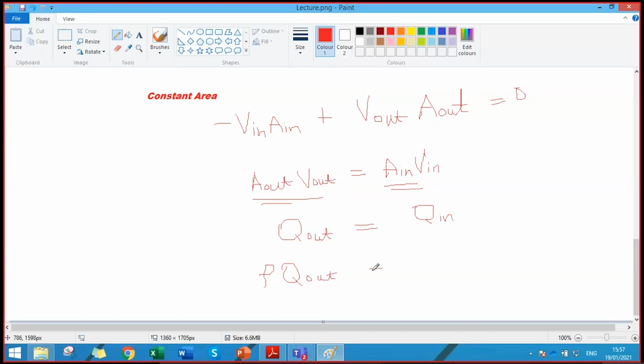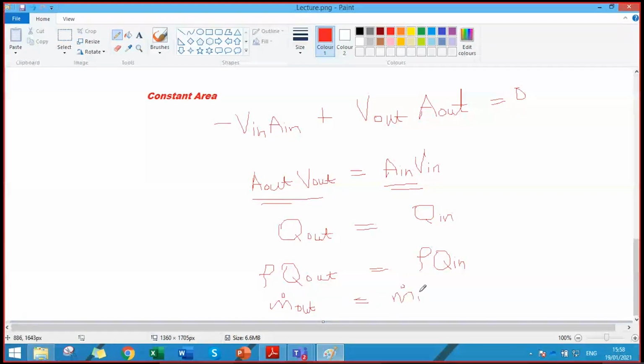So rho Q out is equal to rho Q in, that is, rho into volume flow rate is mass flow rate, so m dot out should be equal to m dot in, that is for steady state.